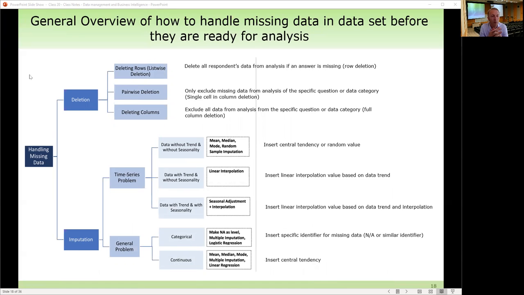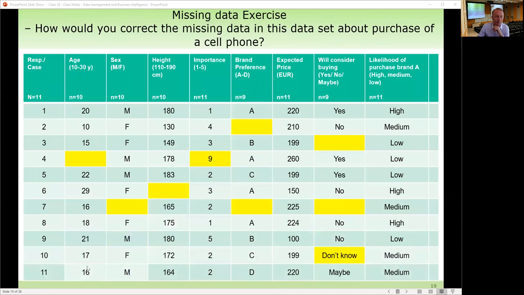So there's no uniform way to do it, but there are a number of different strategies that can be applied in different situations. But in any case, it is a data management decision of how we clean up the data or handle the missing data in a database. And we can do deletion and imputation. So we can remove something or we can input something in the missing cells.